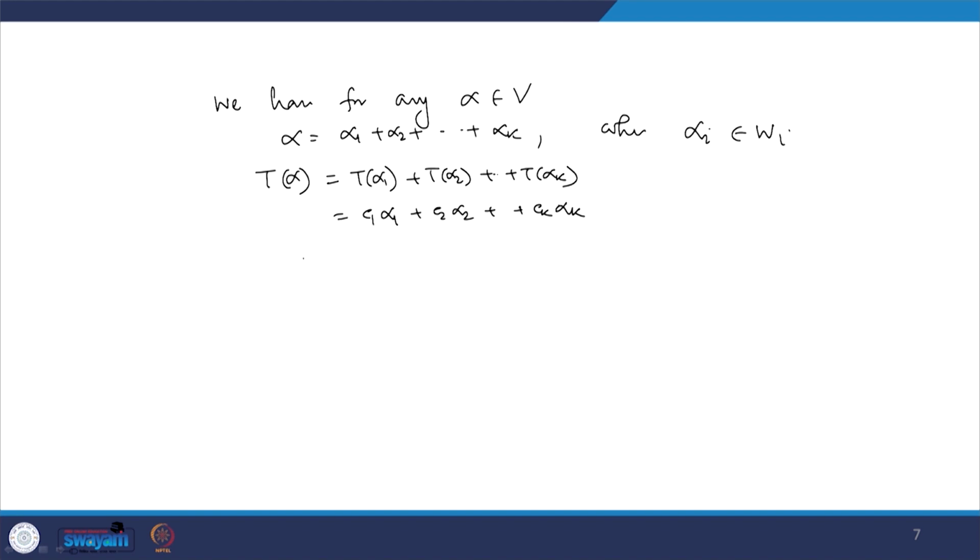And of course, we have seen the identity operator is equal to E1 plus E2 plus Ek.